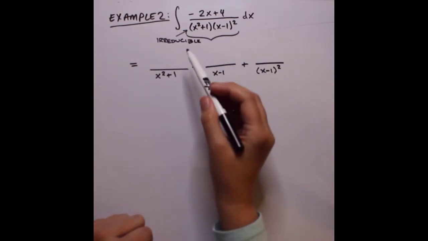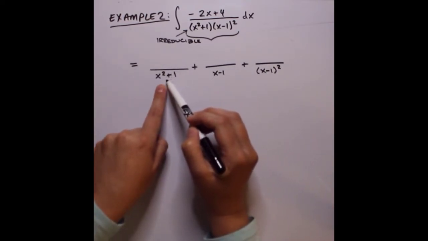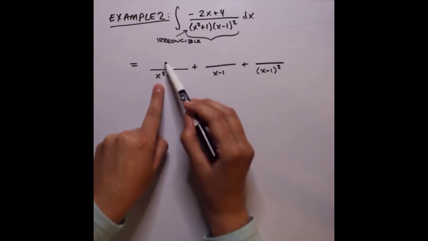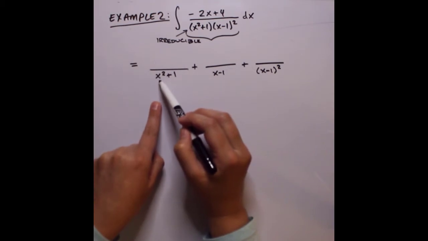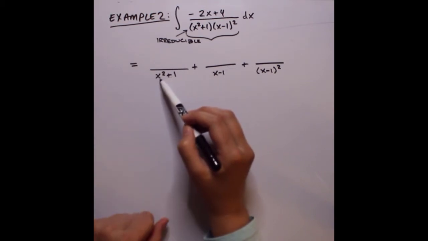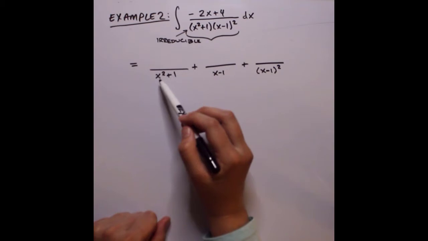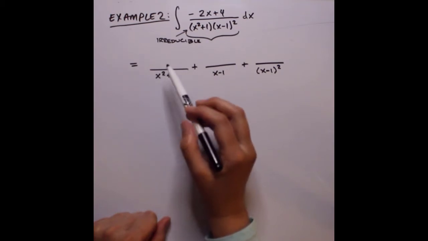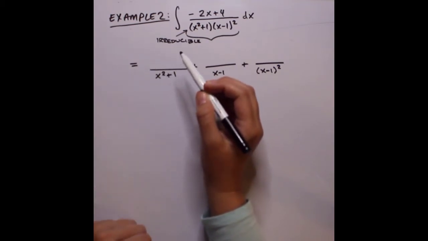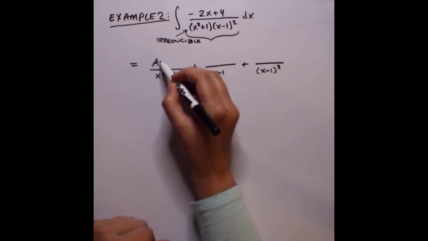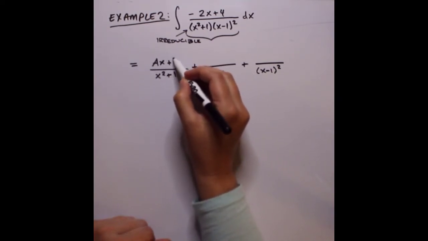Okay, so I mentioned because this is an irreducible quadratic factor, our numerator is going to be linear, and this is because linear is first power, 1 degree less than squared. So if I have an x squared in my denominator, I need an x to the first power in the numerator, and so we can write that as ax plus b.